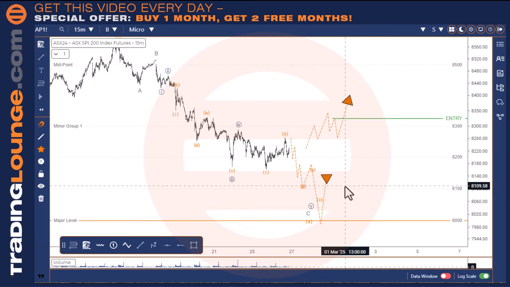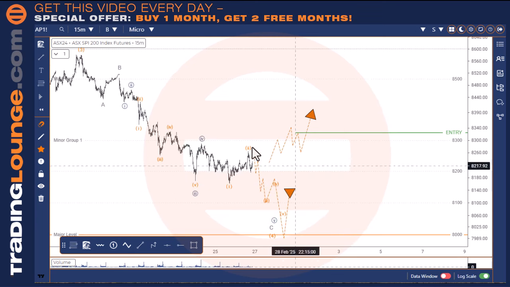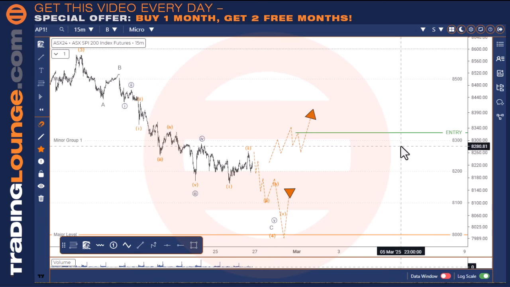Now, if we see that the S&P 500 is actually bearish, then we'll be looking at a bigger picture for this market. Then we will be looking at all of this here as just an A wave and then a B wave and then a C wave to come down further.